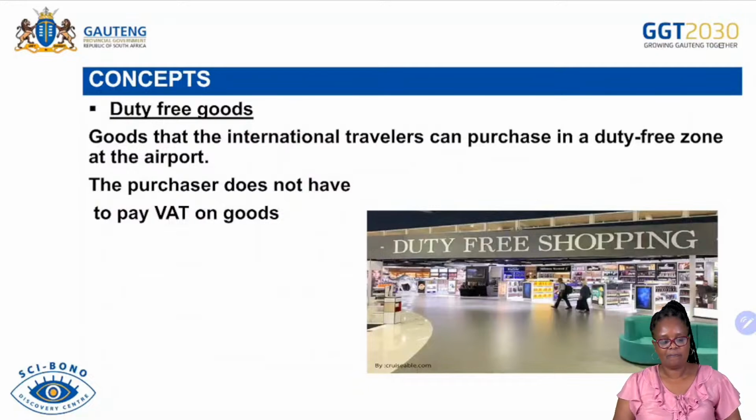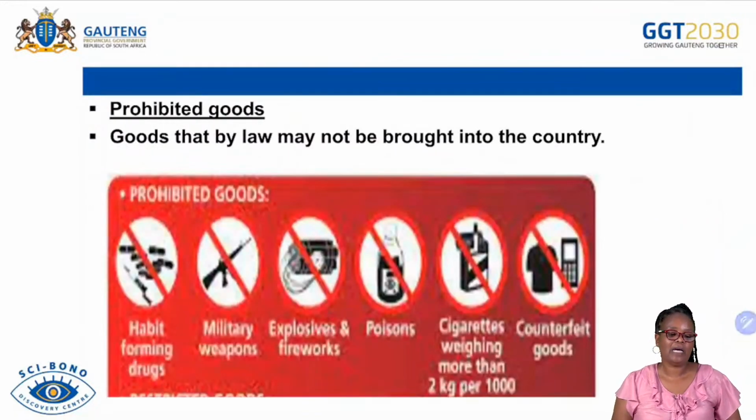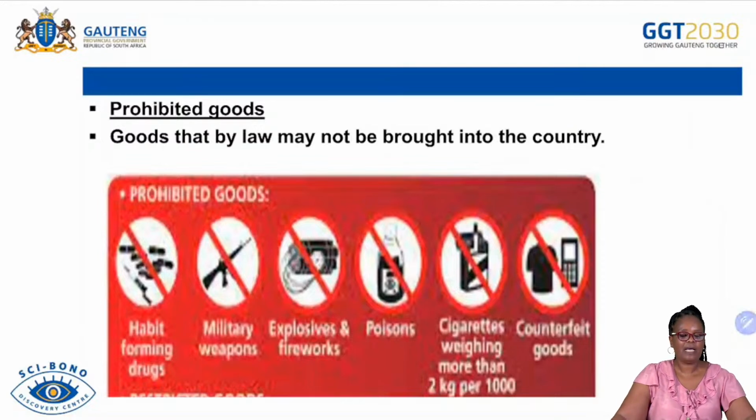Then secondly, I want us to look at prohibited goods. From the word prohibited, these are goods that by law may not be brought into the country. They are prohibited. It's a no. They are not allowed to enter the country.